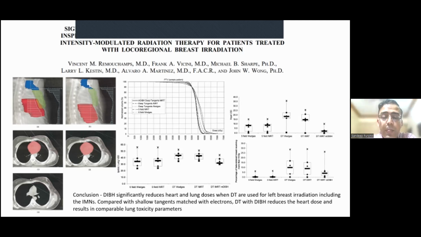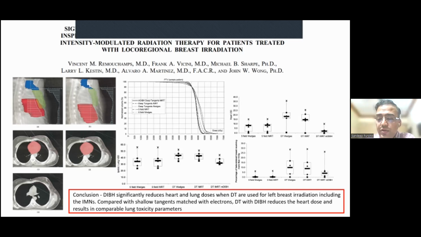So in this study, they compared 5 techniques, in which DIBH was shown to reduce heart and lung doses when deep tangent were used for left breast irradiation, including the internal mammary lymph nodes, compared with the shallow tangent along with electrons. The deep tangent with DIBH reduced the heart dose and resulted in comparable lung toxicity.